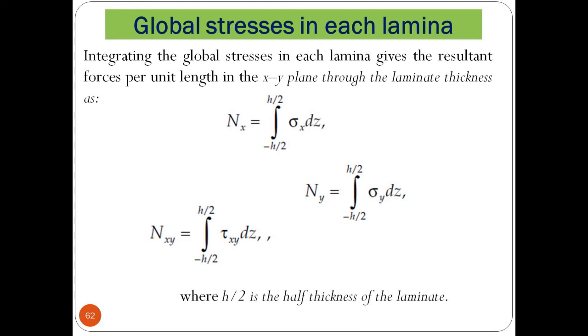And now for the shear plane, which has the 1-2 direction, that is why the xy plane came into existence. Nxy once again corresponds to the thickness varying from minus h by 2 to h by 2 for the entire laminate, and tau xy, because we are considering the shear in this case, dz. So these three are the corresponding forces per unit length in the xy plane throughout the laminate thickness.